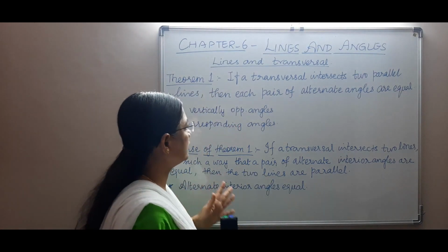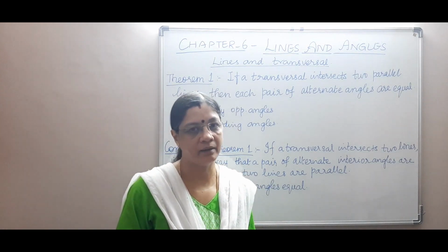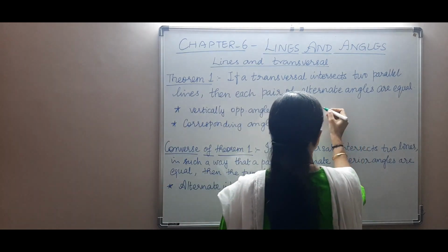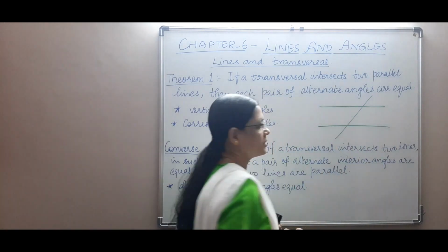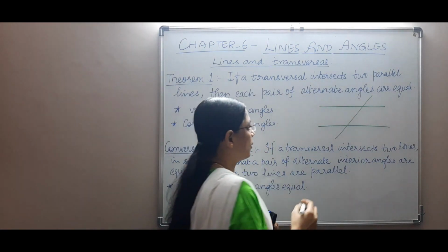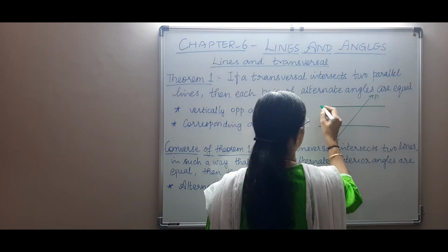Okay, so according to what we have seen in the last class, that is the parallel lines and the transversal. So let me draw it. Two parallel lines and the transversal, isn't it? A line falling on the parallel lines is called a transversal. So this is the transversal line PQ.